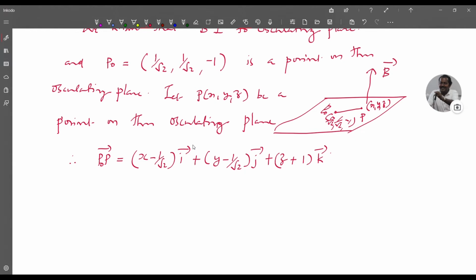And we have P naught P is perpendicular to B, which implies B dot P naught P is 0. We have vector B is k.